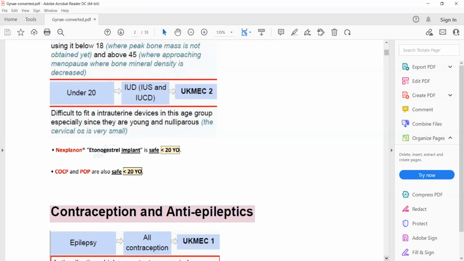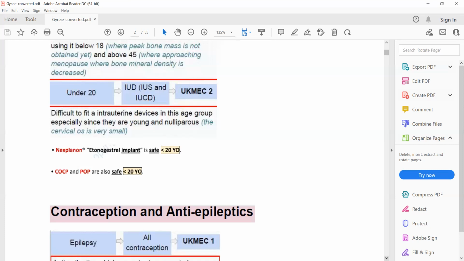And if the patient is looking for short-term contraception, then we will go for COCP and POP. So in short, DMPA and IUD are UKMEC2, while Nexplanon and the oral contraceptive pills are UKMEC1.